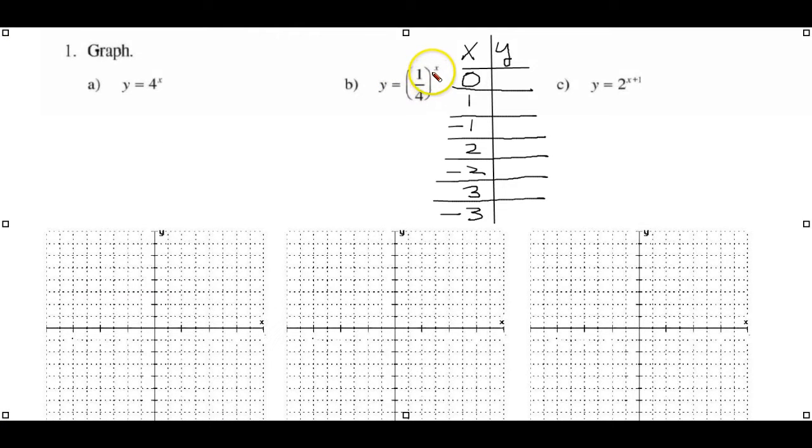Now, again, we just have to recognize what's going to happen when this is the original function, and now we take the reciprocal of this, flip it over, and we get 1/4 now to the x power. Well, we're going to fill these values in, and I'll let you have a shot at it first.